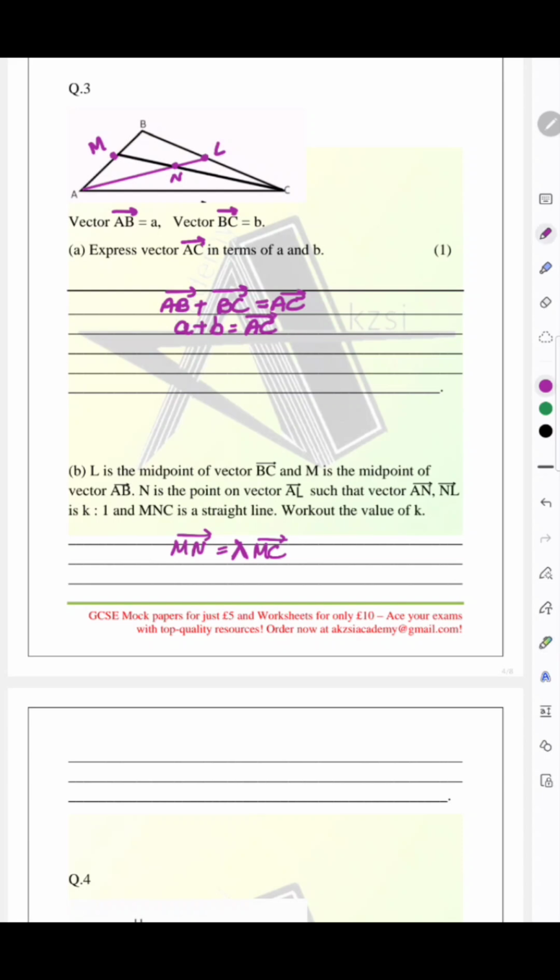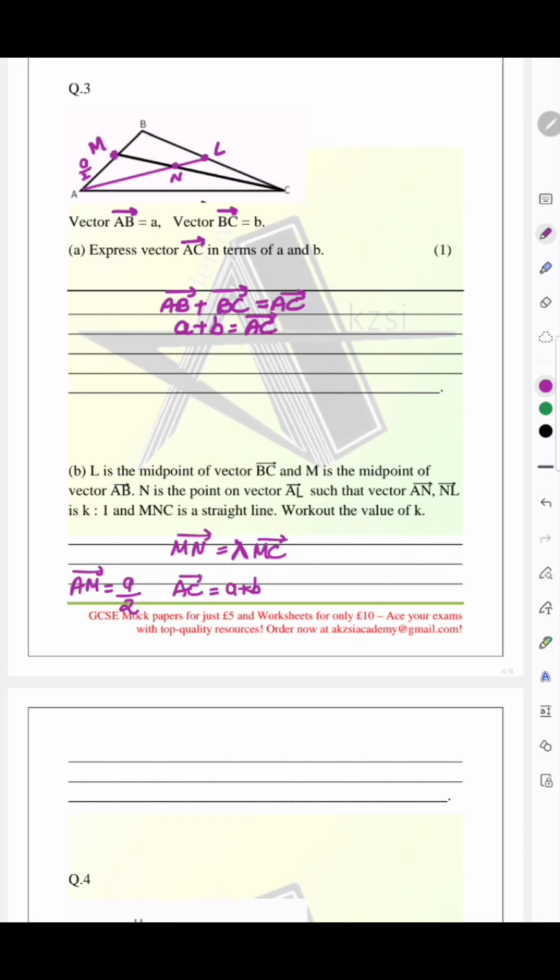Now MC is easy to calculate. Why? Because we know that M is the midpoint. That means AM is half of AB, which is a by 2. So this part will be a by 2. AC we already calculated in the first part, which is a plus b.